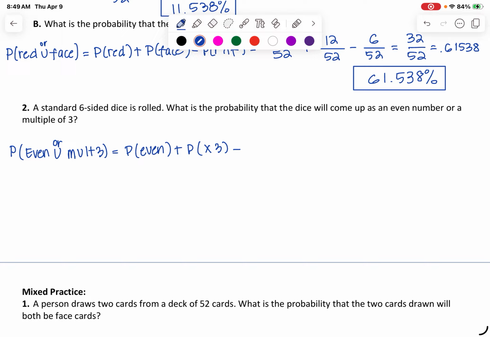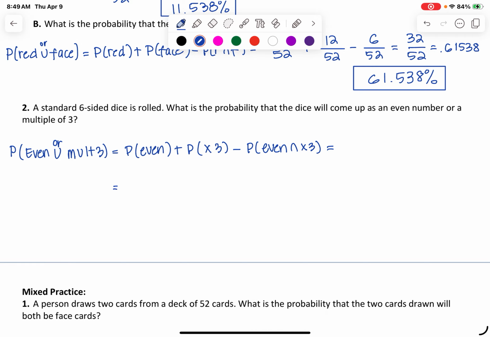So are there any even numbers on a die that are multiples of 3? Yes. So I need to subtract the probability of even intersection multiple of 3, right?